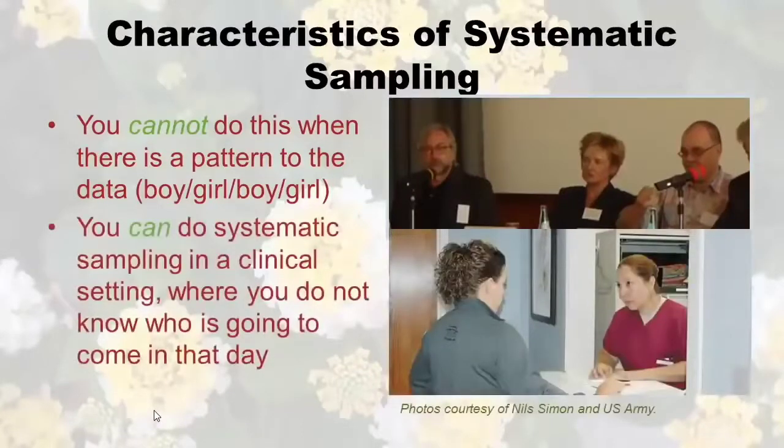But what's awesome about it is you can do it in a clinical setting. So you can sample patients that way coming into a clinic or coming into a central lab or an emergency room. That's why this is a particularly powerful way to sample: if you have an ongoing patient influx, when you design your research, once you decide how many people you need to recruit for your sample, you could simply say you would use systematic sampling and just have somebody in the clinic inviting every kth person who qualifies, every kth patient who qualifies into your study.